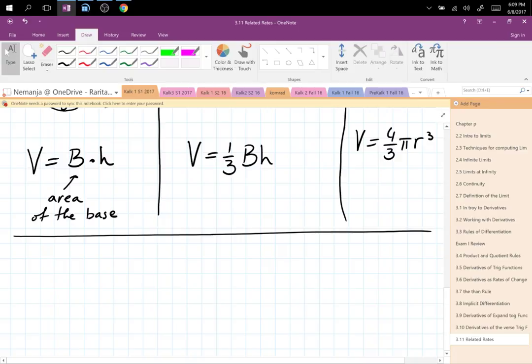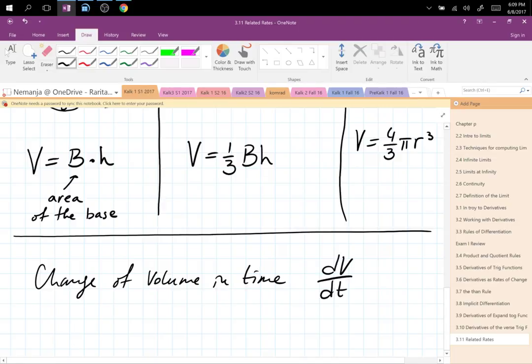Now, the wording and notation. When the problem says change of volume in time, you immediately know it's dV dt, because the letter D means change, so change of volume in time.